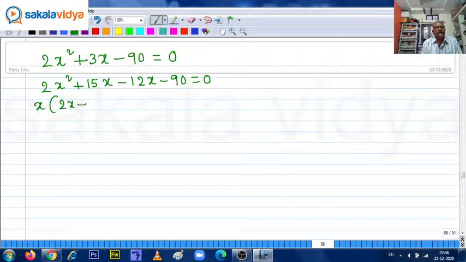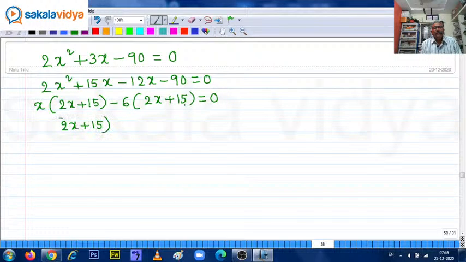We get 2x plus 15. To get 2x here, better you take minus 6 common, 2x plus 15, obviously 15. 15 into 6 is 90 only. So now we get 2x plus 15 times x minus 6 equals to 0.